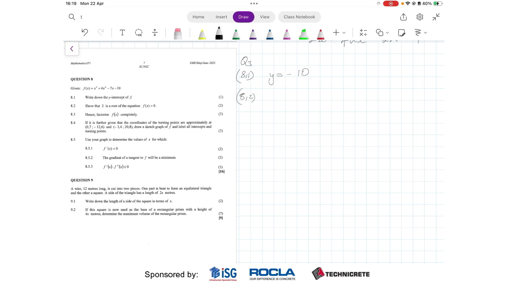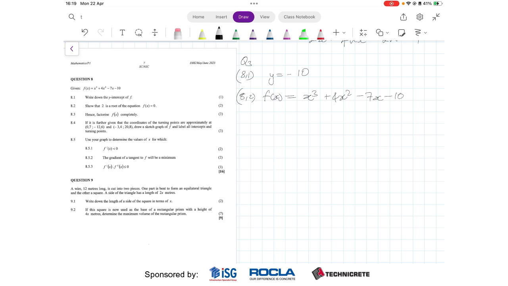8.2. Show that 2 is a root of the equation. Okay, now we know that f at x is equal to x cubed plus 4x squared minus 7x minus 10.